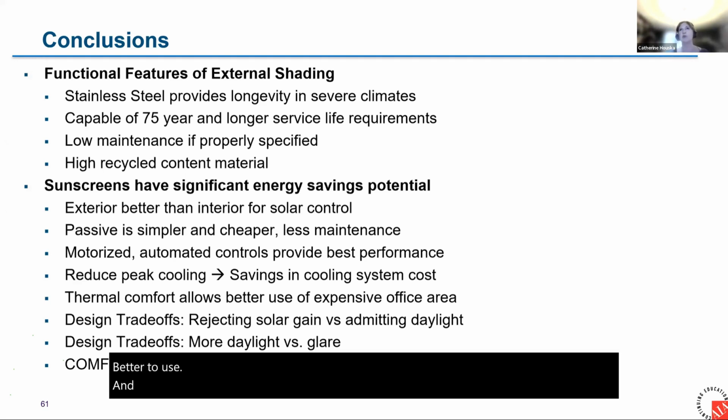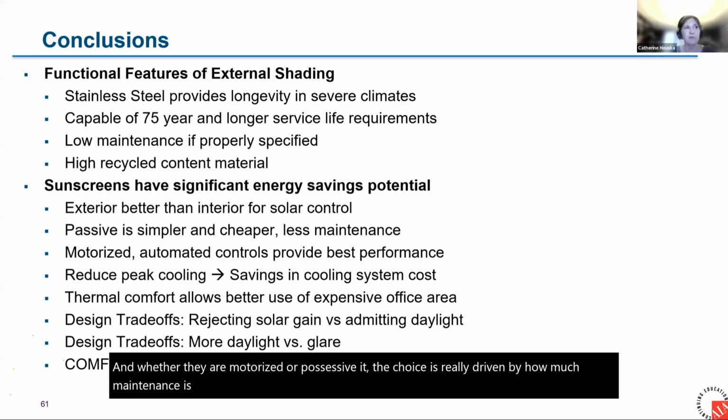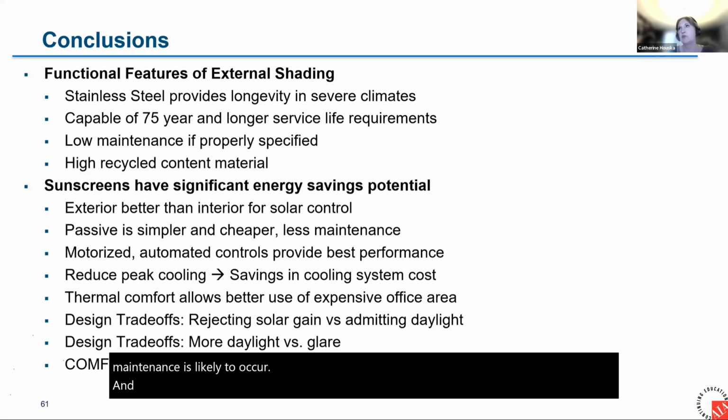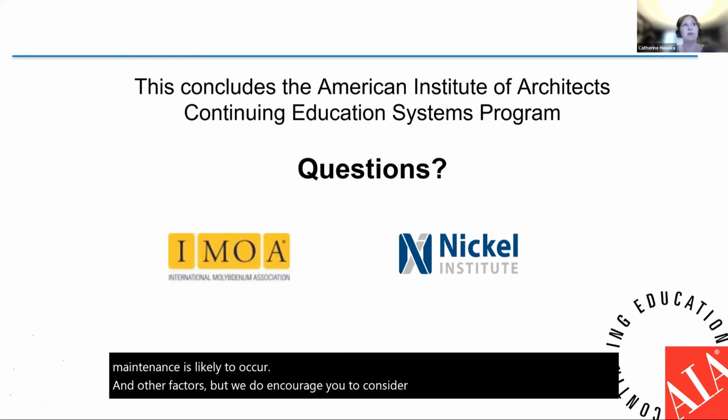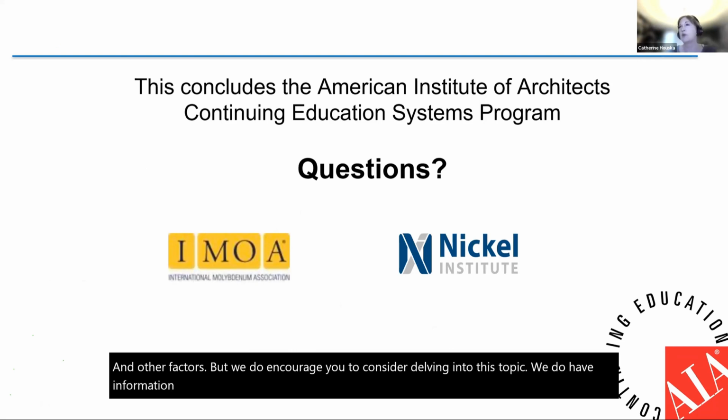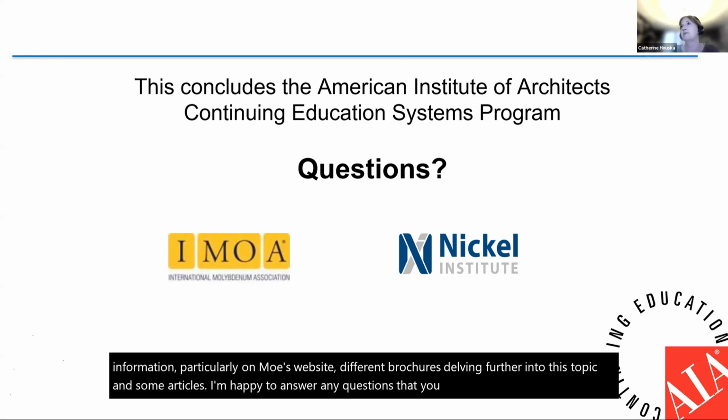And whether they are motorized or passive, the choice is really driven by how much maintenance is likely to occur and other factors, but we do encourage you to consider delving into this topic. We do have information, particularly on AMOA's website, different brochures delving further into this topic and some articles. I'm happy to answer any questions that you might have.